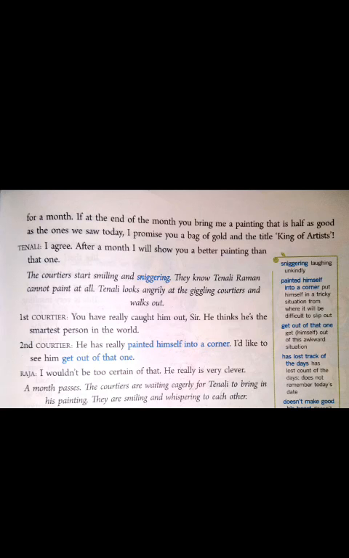And Raja also knew somewhere that Tenali Rama is a clever man and he shall win the bet. Now a month is over. The courtiers are waiting eagerly for Tenali to bring his painting. They are smiling and whispering with each other. Whispering means to speak softly or with a low sound.